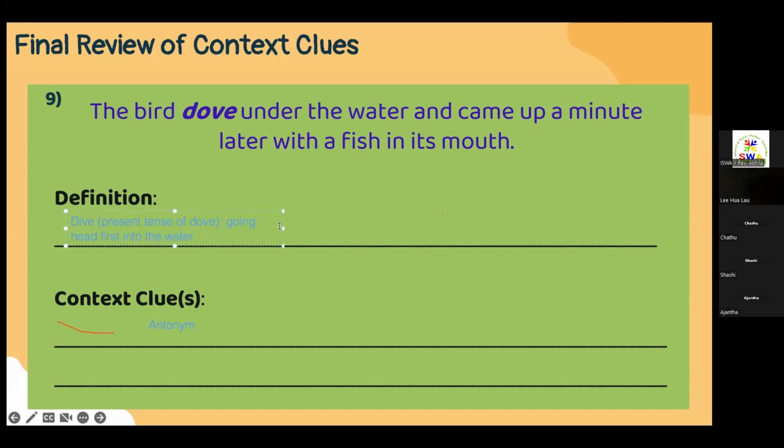You can see that it goes under the water, right? When you dive, your head goes first into the water. So when Dharma said coming up, under the water, that is a contrast, right? Because you're going head first in the water and you're coming up. There are two different actions. So the context clue here is antonym. There's a difference between diving and coming up. Okay.